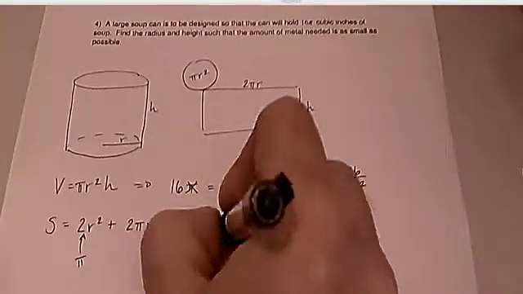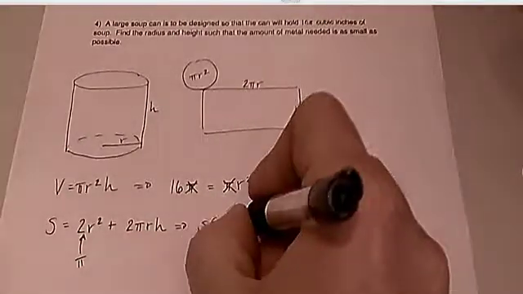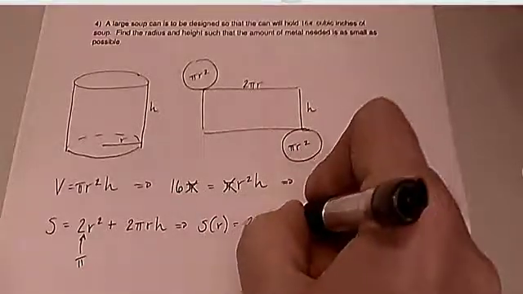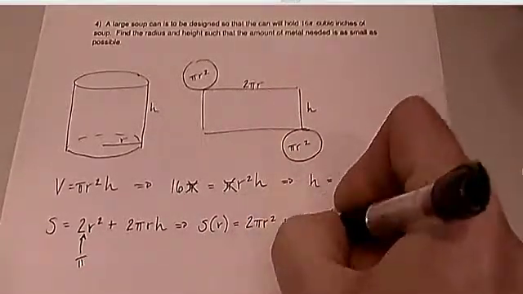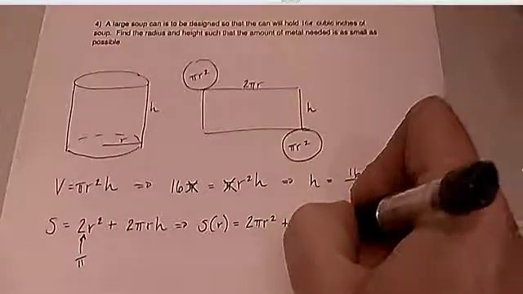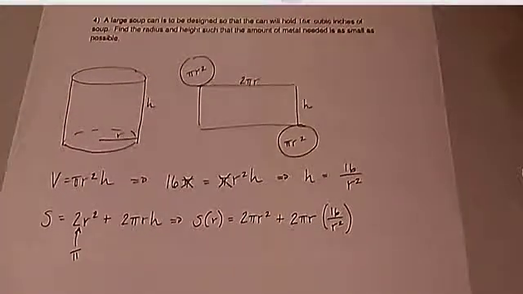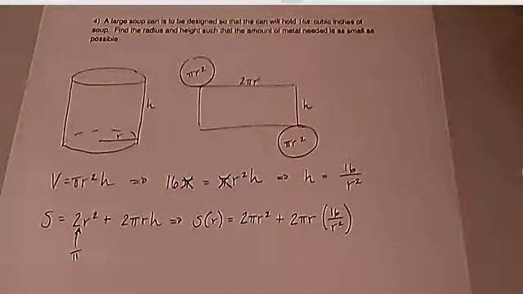That transforms the surface area as a function of r into 2 pi r squared plus 2 pi r times 16 over r squared. I'm going to give you a second to look at that. Always remember, it's a video. You can pause it if you want to look back. Okay.